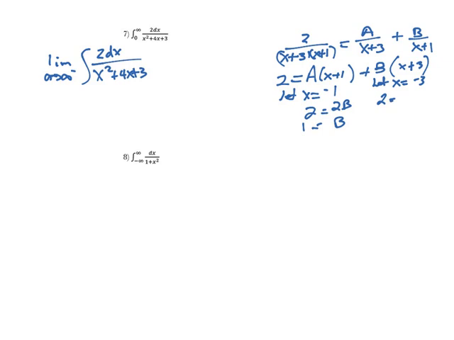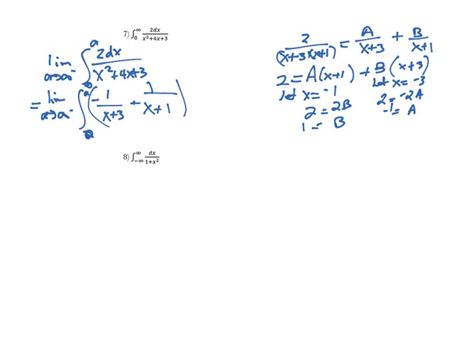I'll have 2 equals -2a, so a is -1. So this integral becomes the limit as a approaches infinity from the left of the integral from 0 to a of -1 over x plus 3 plus 1 over x plus 1 dx.